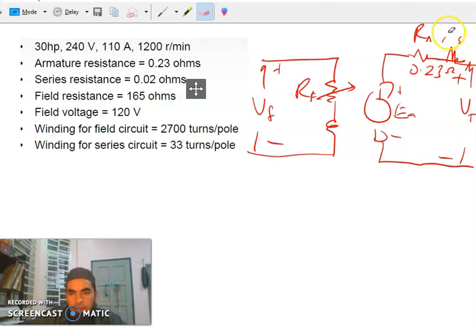So we have here 0.02 of RS, and we have 0.23 of RA.